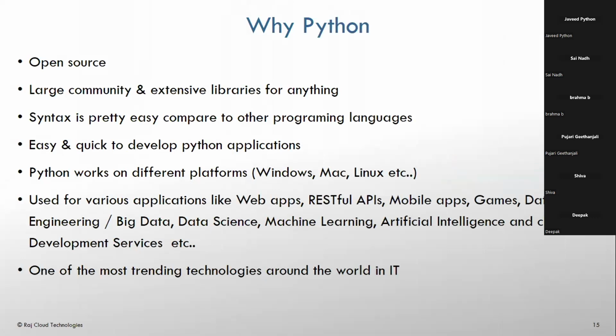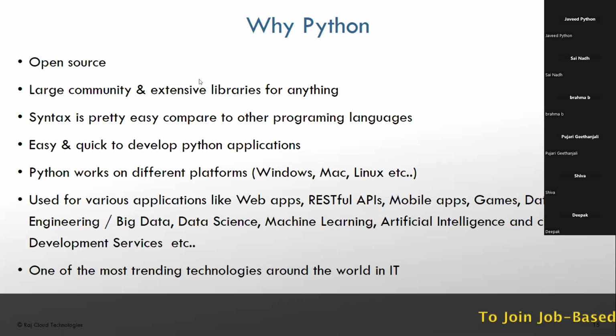Okay. Why is Python what everybody is talking about? Now the entire IT industry is behind it. All the software developers are developing a lot of things. Why? Because Python is open source. It has rich, extensive libraries for anything.